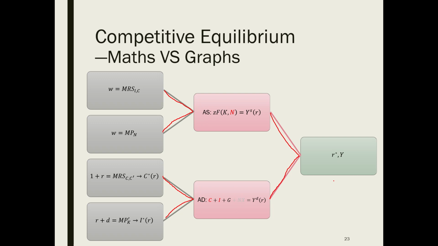This boils down to only two equations, the AS curve and the AD curve, with two unknown endogenous variables, interest rate R and output Y. Luckily, you are not required to actually solve the equation system mathematically, but just graphically based on the mathematical equations.